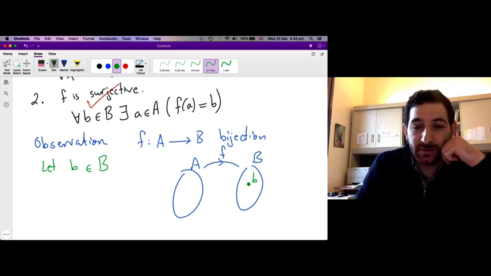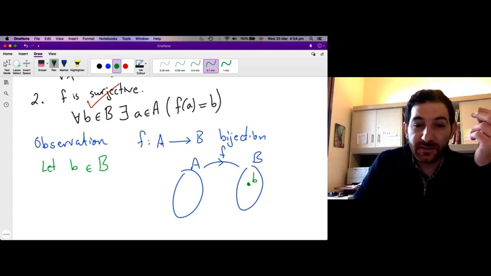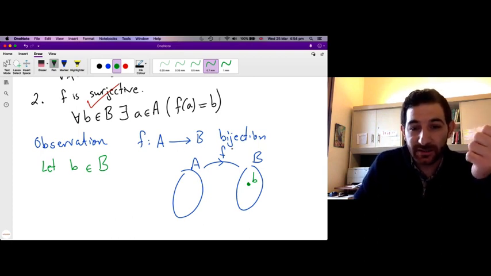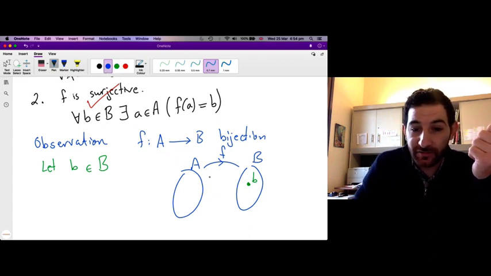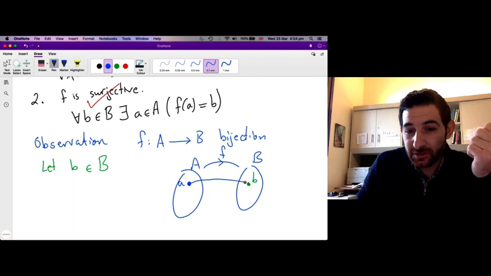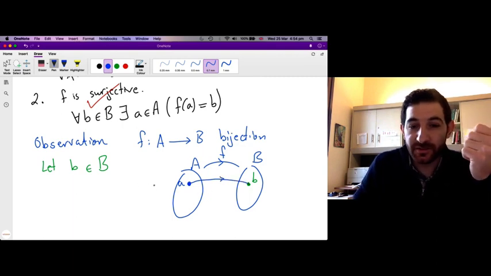What do we know about this b? Look, first, since the function is bijective, it is surjective. And what does it mean it is surjective? It means it must have at least one pre-image. So there must be some element a whose image is b. So this is the first observation.